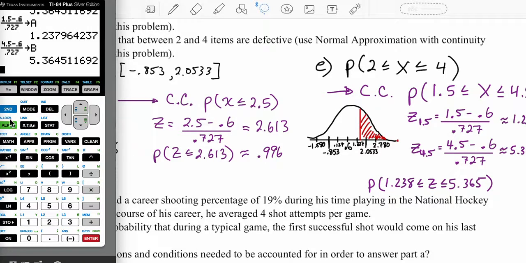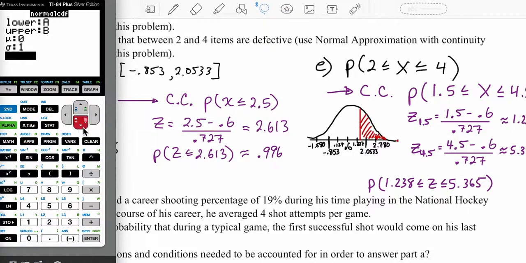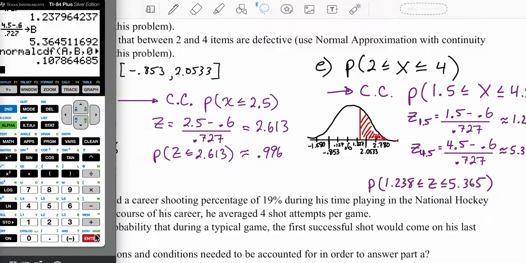So that would be second vars, option 2, going from A to B. 0.108 roughly. All right, and there it is.